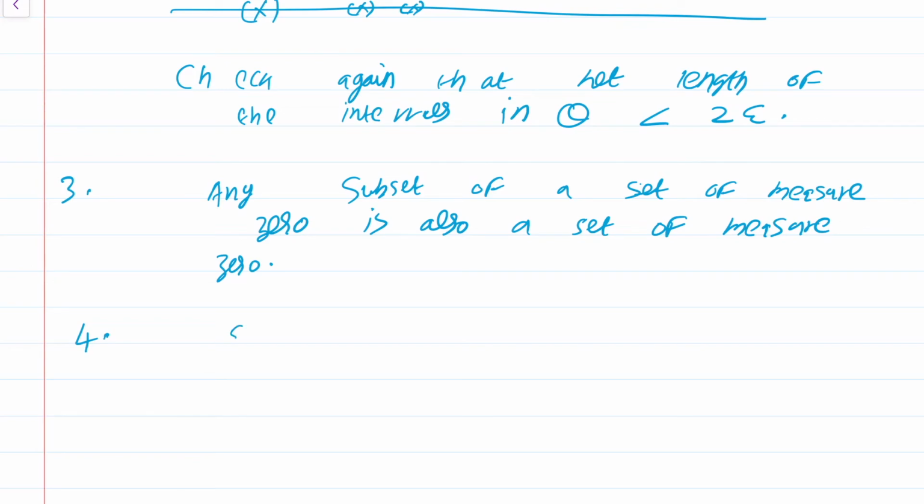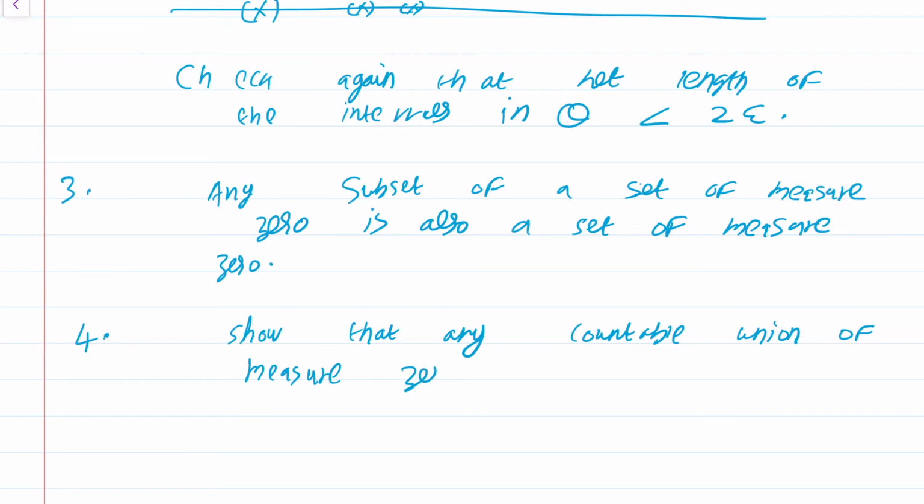Show that any countable union of measure 0 sets is measure 0. If you take small sets and take countably many of them, you will still get back a small set.